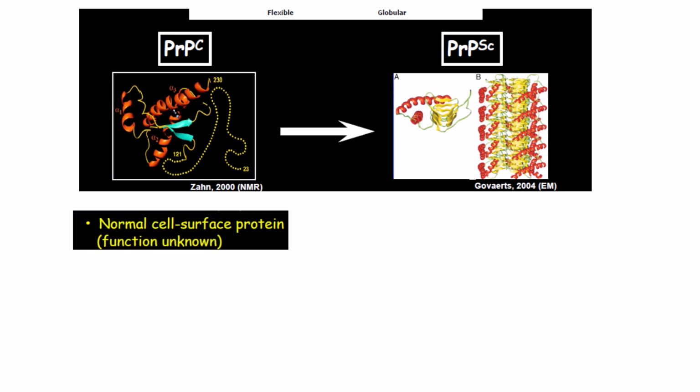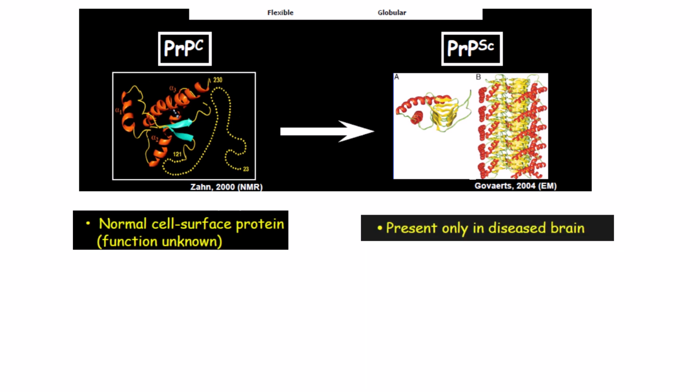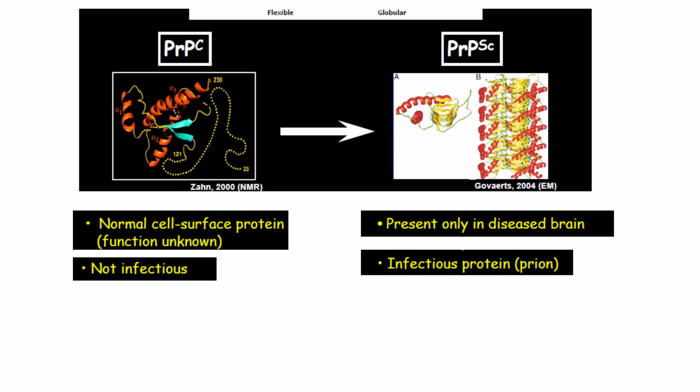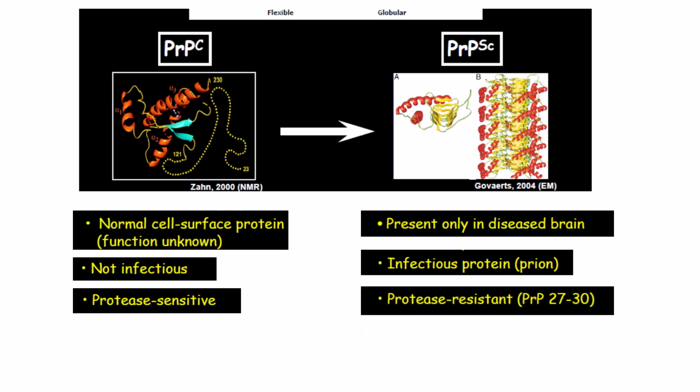PRP-C is a normal cell surface protein, whereas PRP-SC is present only in diseased brain. PRP-C is not infectious, whereas PRP-SC is an infectious protein, that is, it is a prion. PRP cellular is protease sensitive, whereas PRP scrapie is protease resistant.